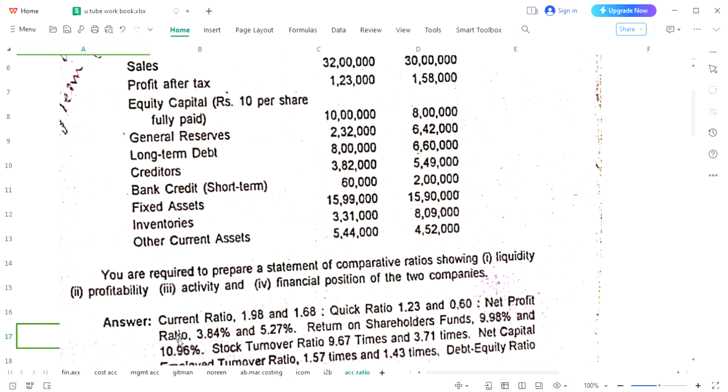In the paper, these answers would not be available. I'm sure that you are noting down very carefully. These answers would not be available in your question, in your paper. So you will have to know what ratios are included in liquidity ratio, what ratios are present in profitability ratio, activity and financial position of two companies.